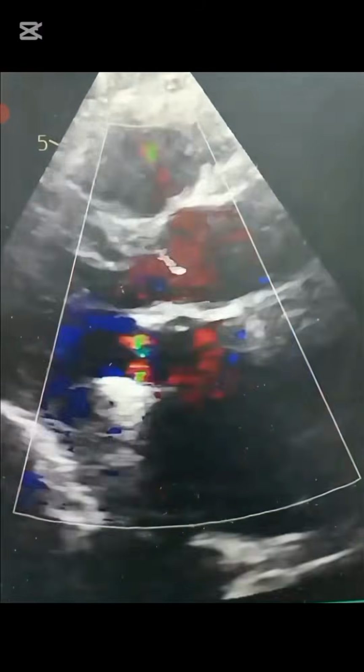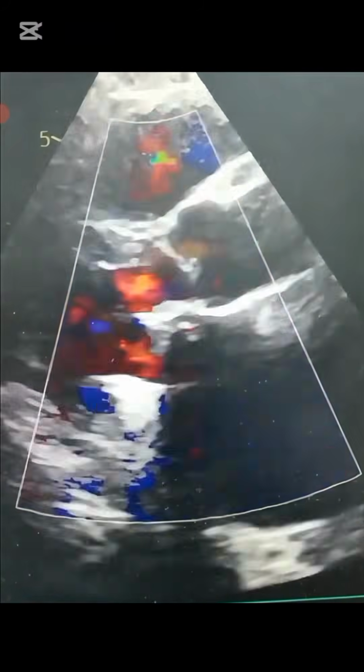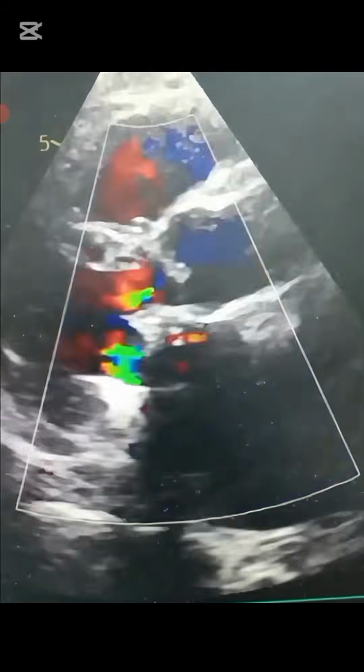Now the second question is: every problem in the heart has a cause. So what is the cause of this malfunctioning mitral prosthesis? Now I will tell you the causes of its malfunctioning and how to evaluate this on echo.